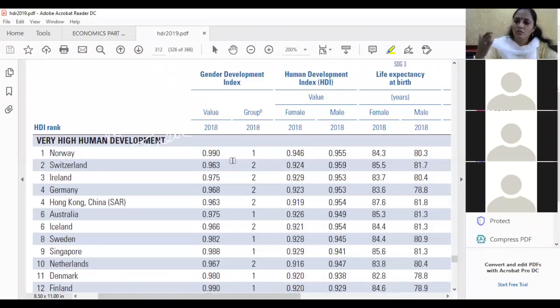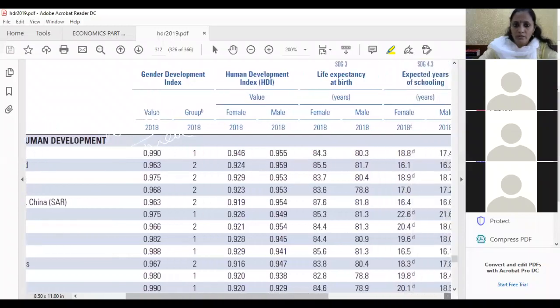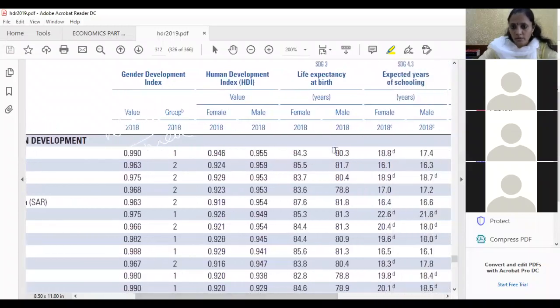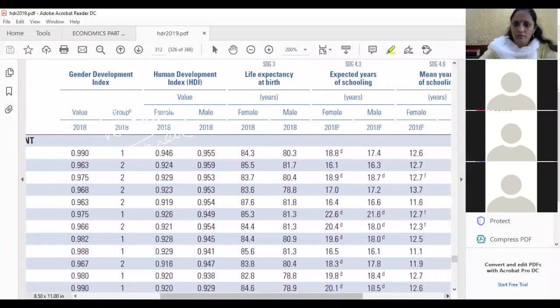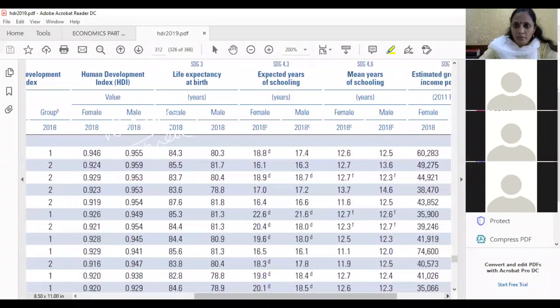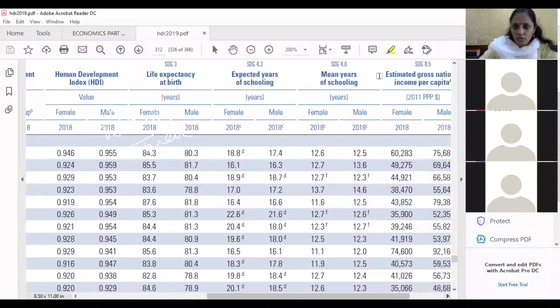And if both are equal, then the value should be equivalent to 1. You can see that, for example, in the first country, Norway, the life expectancy for females is more than for men. It will be a common pattern across most of the countries. And you have the expected years of schooling, mean years of schooling, and gross national income.